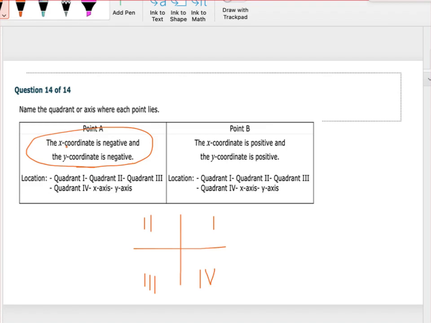And then it says x coordinate is negative, so I'm moving left, and y coordinate is negative, so I'm moving left and down. That's going to be in my third quadrant, so we will circle quadrant 3. Okay, point B, x coordinate is positive and y coordinate is positive. Positive, positive, right up. So that's going to be in quadrant 1.